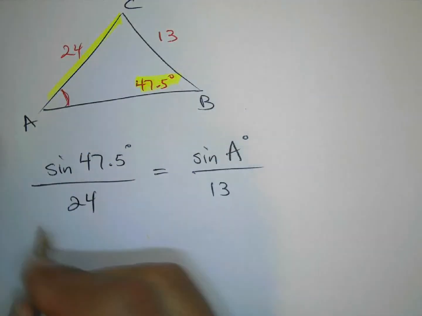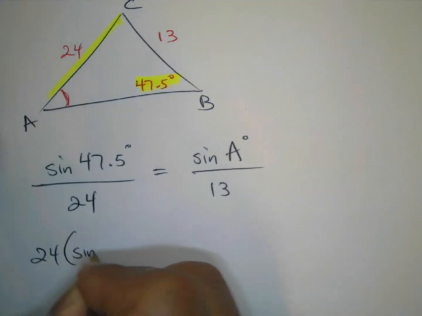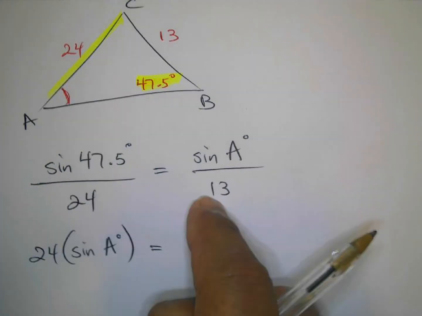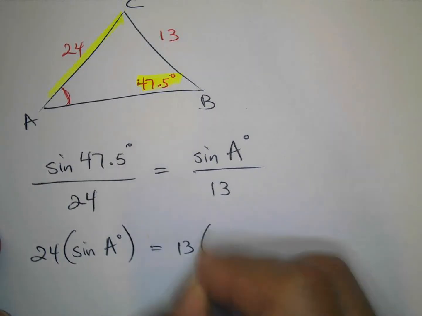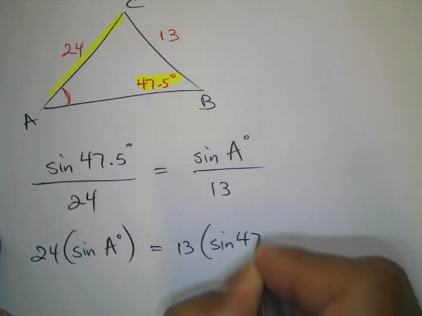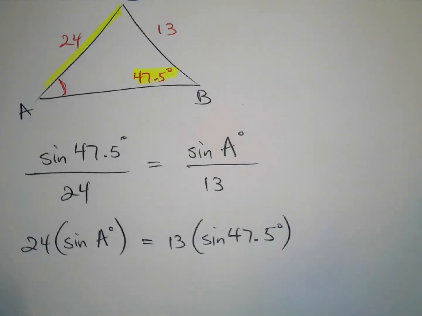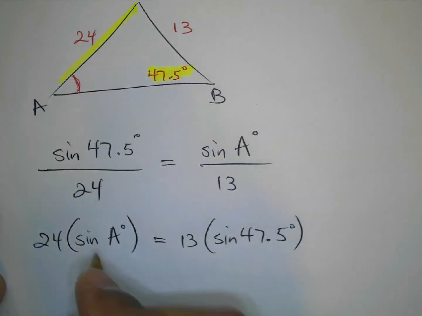Cross multiply. 24 sine A equals 13 sine 47.5, divide by 24.